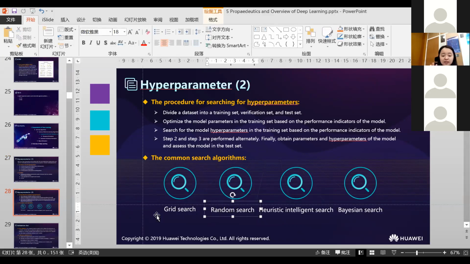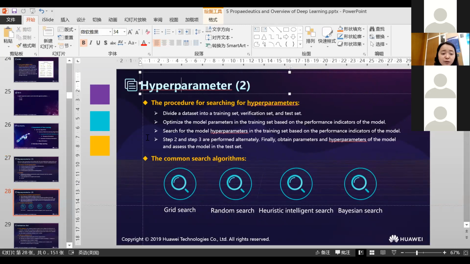These two are the simplest search algorithms for searching for hyperparameters. Okay, the grid search and the random search, so we will explain here.